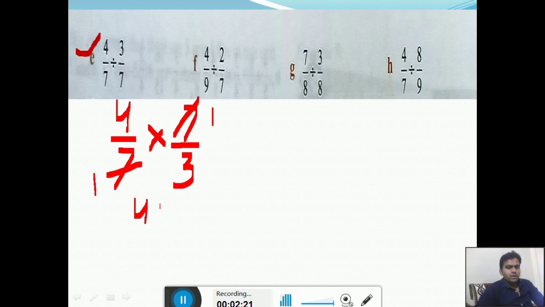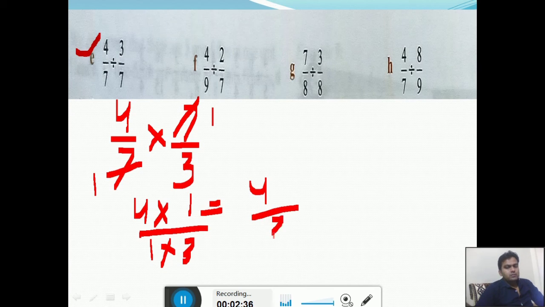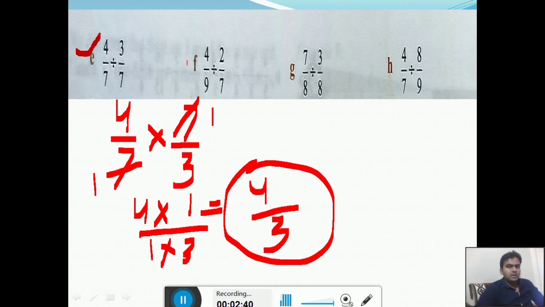So 4 into 1 equals 4, and 1 into 3 equals 3. So your answer is 4 upon 3. So like this you can solve all the remaining questions. So solve all these questions in your fair copy.